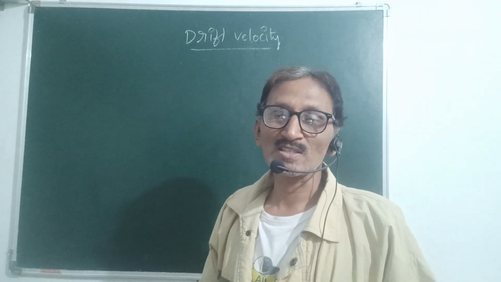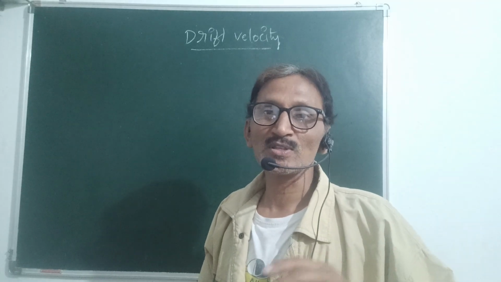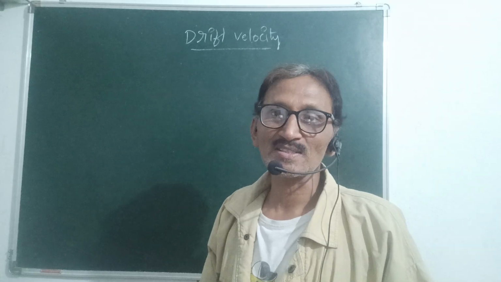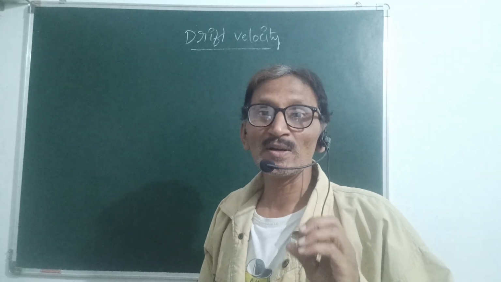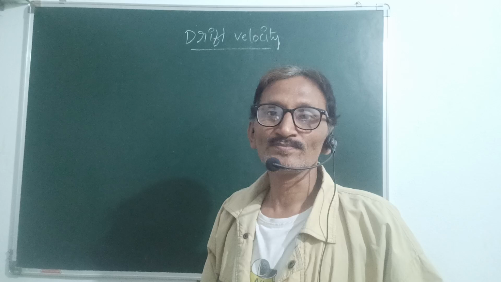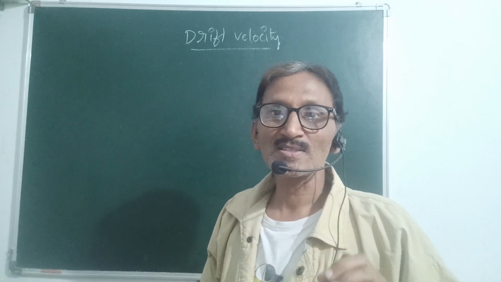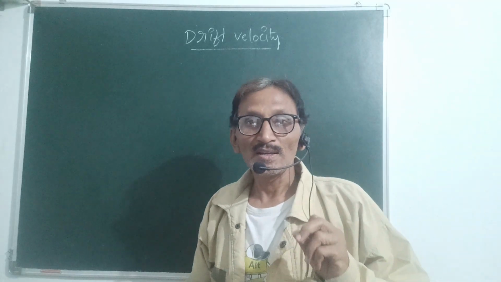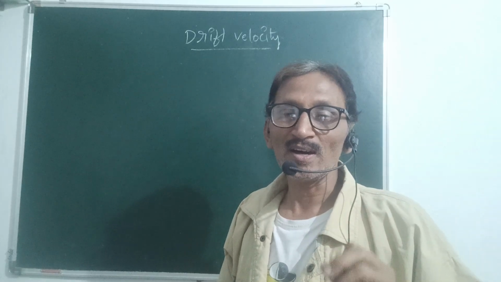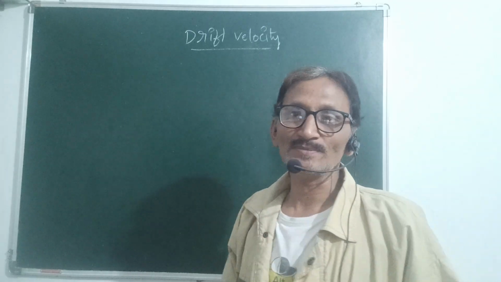The speed of the charges can be calculated using the formula called the drift velocity. So the average speed of the electrons in a conductor is called drift speed or drift velocity in a particular direction.